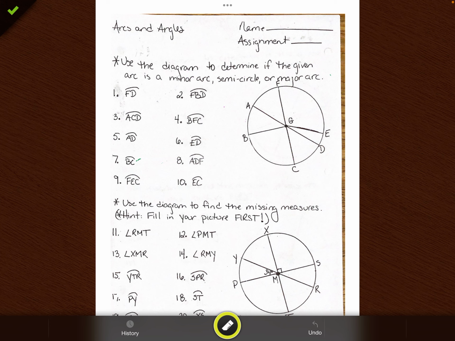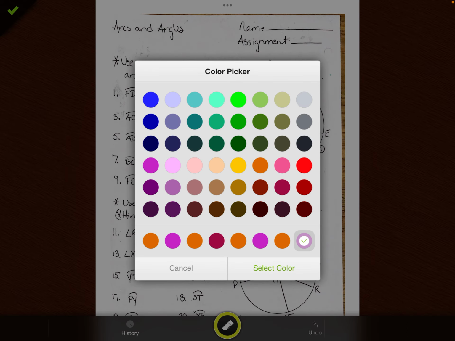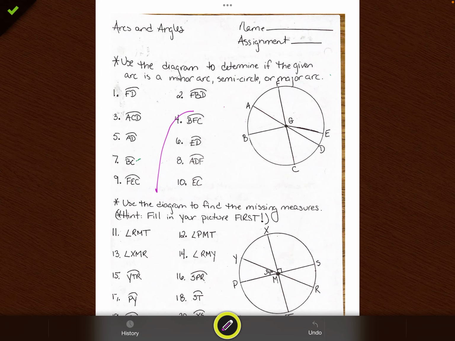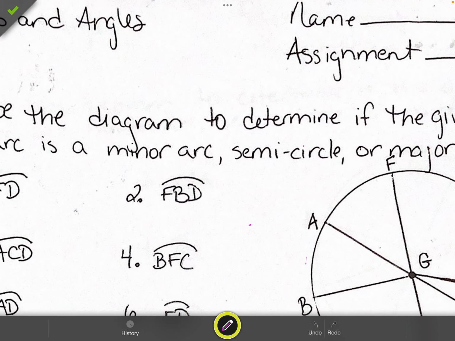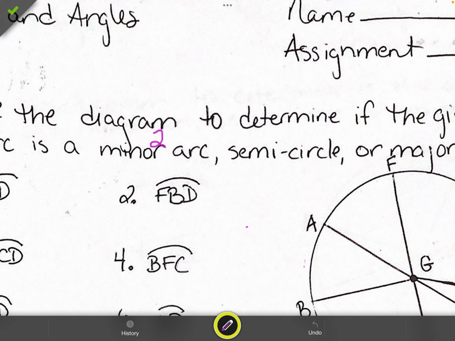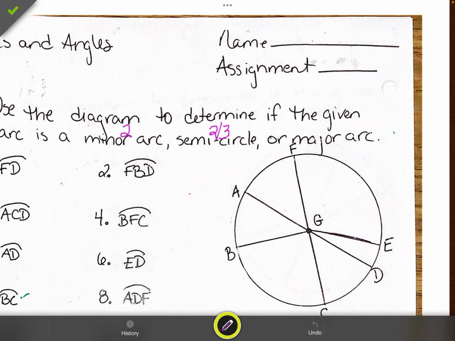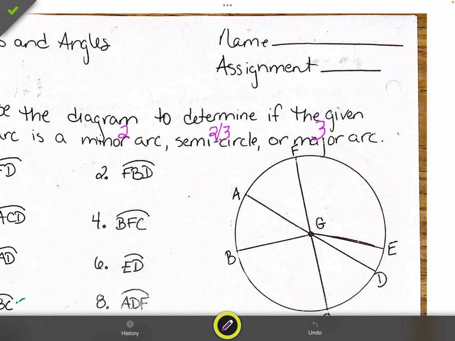To help you, I suggest that you go ahead and write up here at the top how many letters you can use for minor, major, and semi. A minor arc, you can only have two letters to name. A semicircle, you can have two or three, and a major, you have to have three letters.